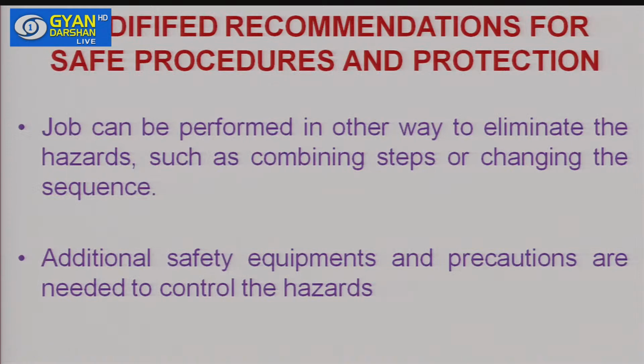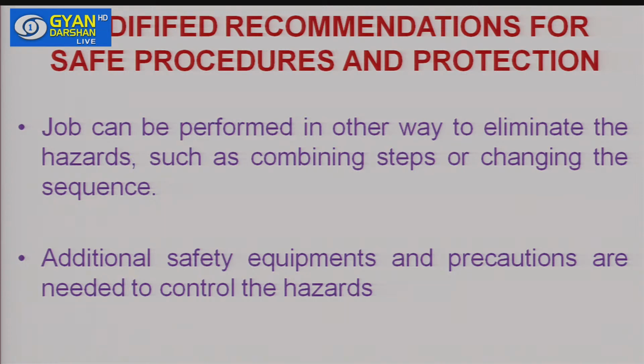So what will be the recommendations after seeing these kinds of hazards in our job safety analysis procedure? First, the job can be performed in another way to eliminate the hazards, such as combining steps or changing the sequence. Then additional safety equipment and precautions are needed to control the hazards.